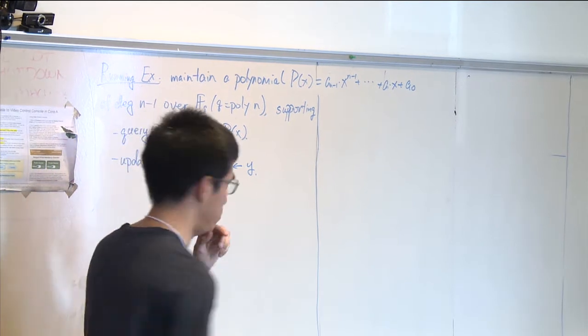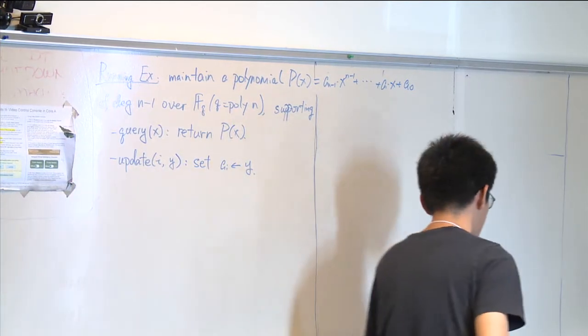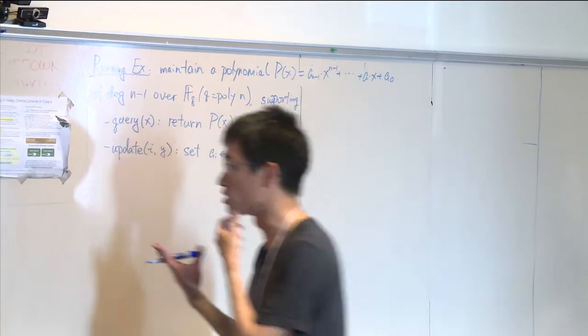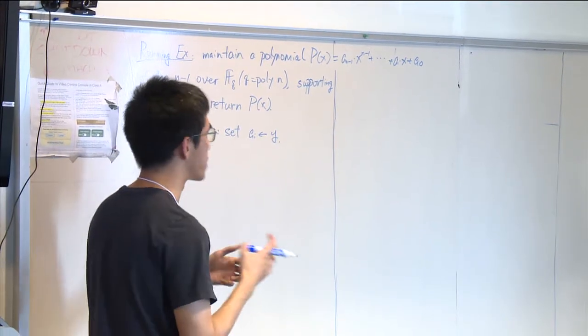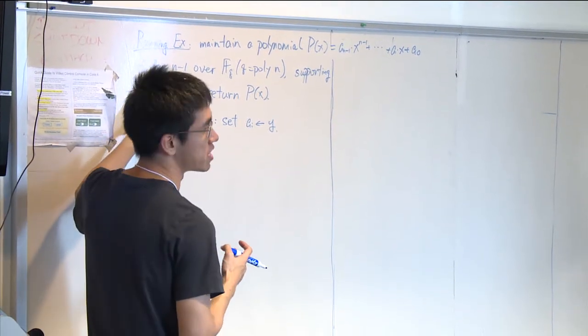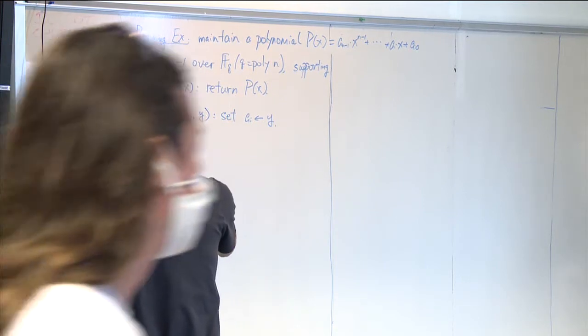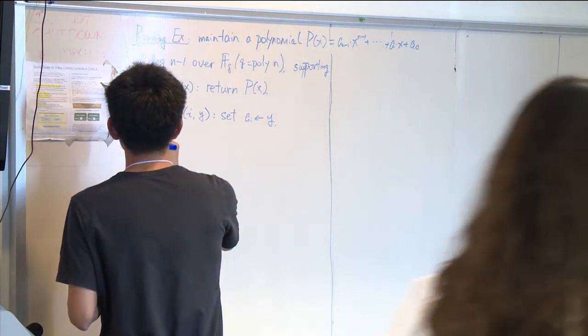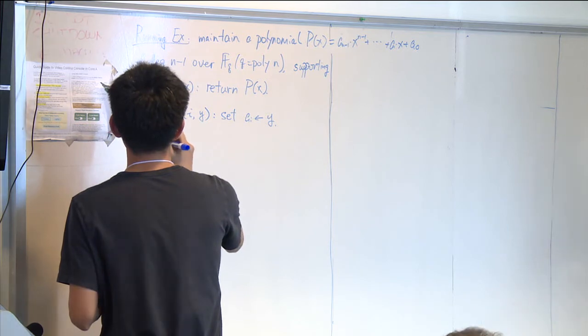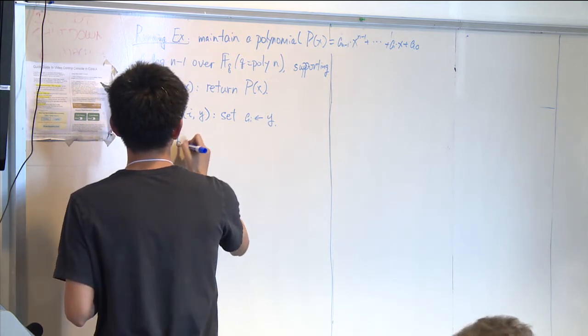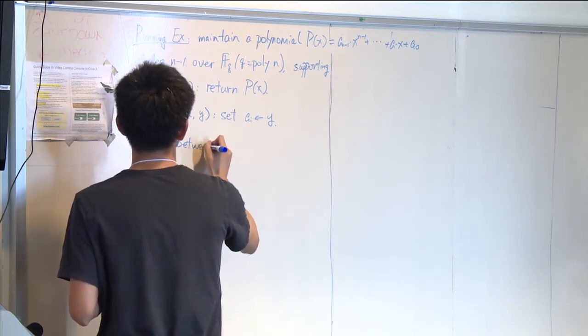In dynamic data structures, we care about how much time it takes to handle each update and how much time it takes to handle each query. Usually the question here is to understand the trade-off between the query time and the update time.